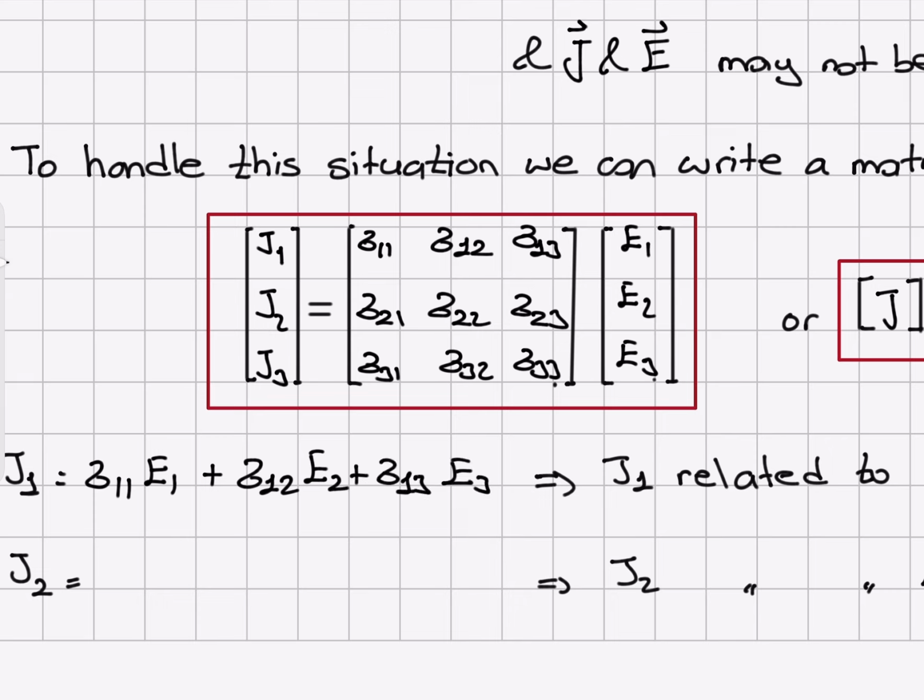So it depends on all of the components of the electric field. And similarly, I would have J2 equals sigma 2 1 E1 plus sigma 2 2 E2 plus sigma 2 3 E3.